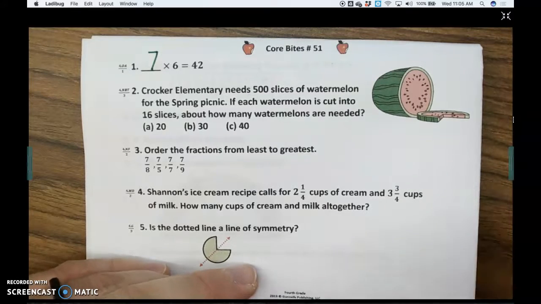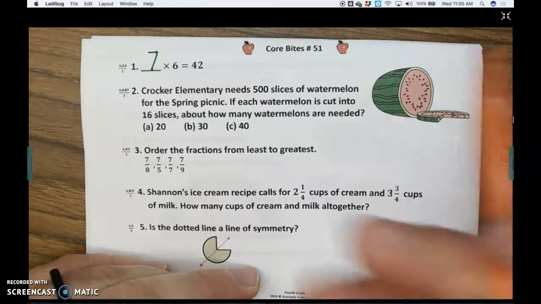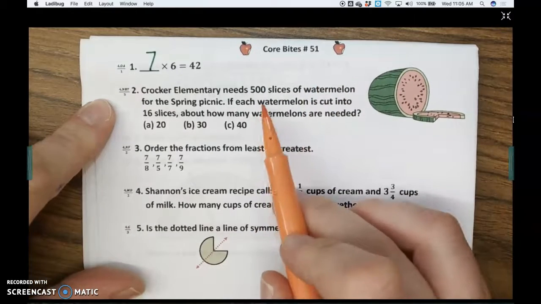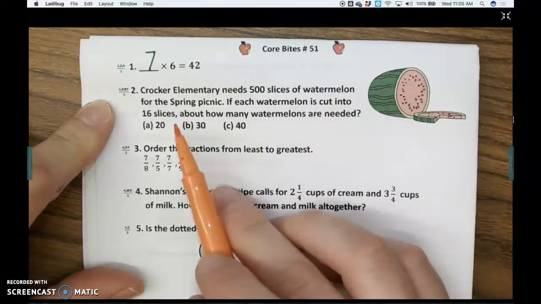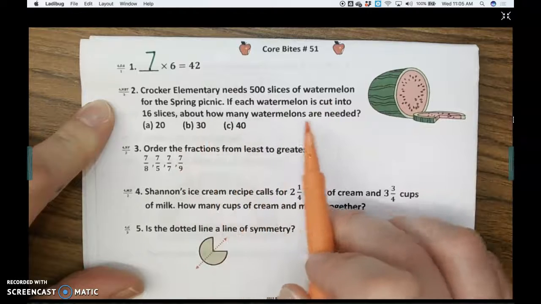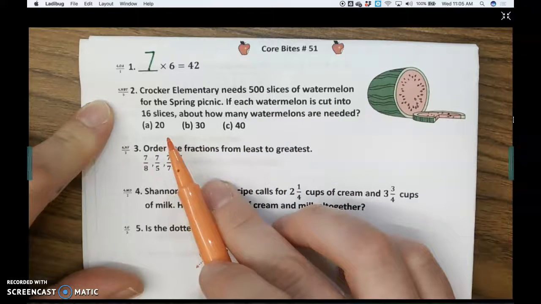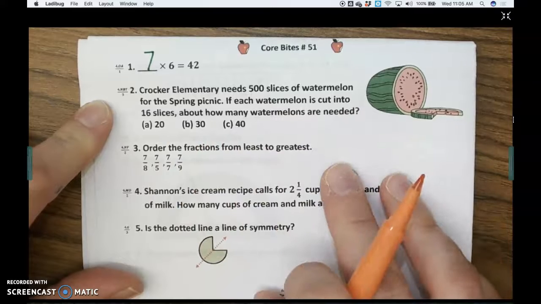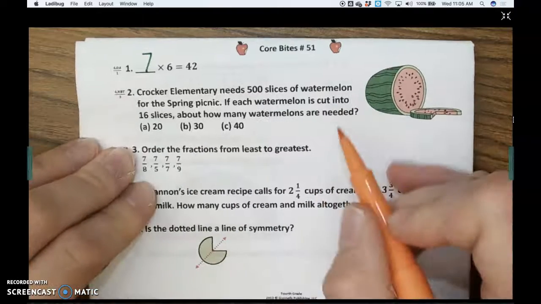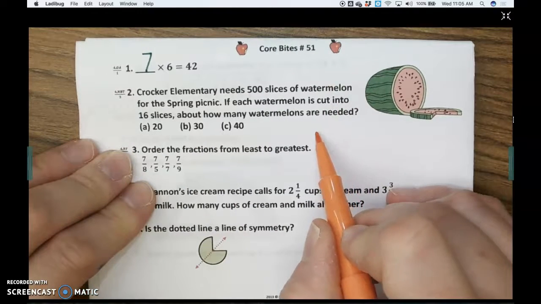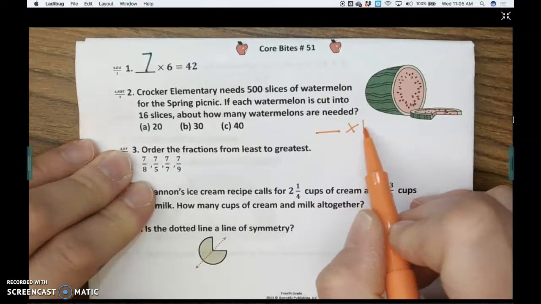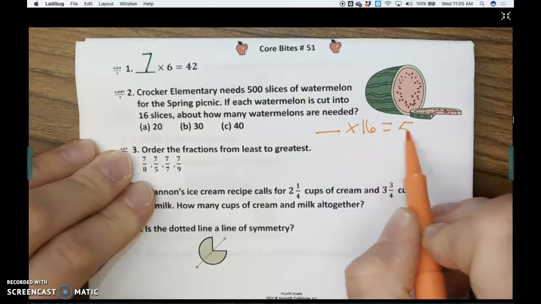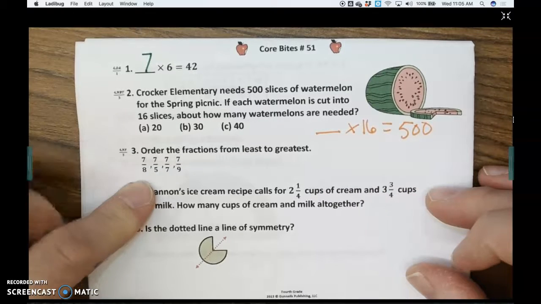Then number 2, we have a watermelon. It says Crocker Elementary needs 500 slices of watermelon for the spring picnic. If each watermelon is cut into 16 slices, about how many watermelons are needed? So for that one, you're pretty much saying what times 16 is going to give you close to 500.